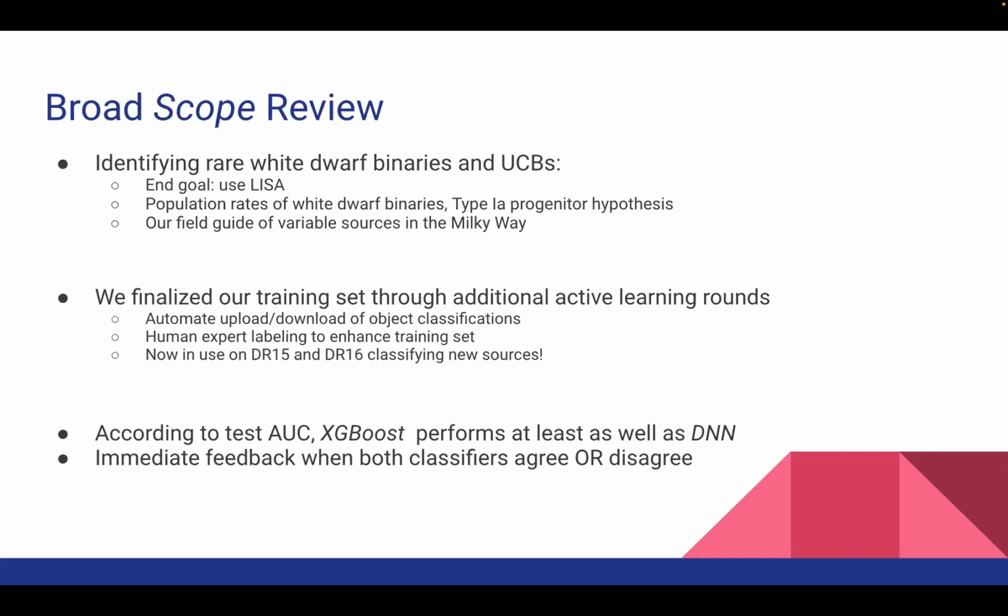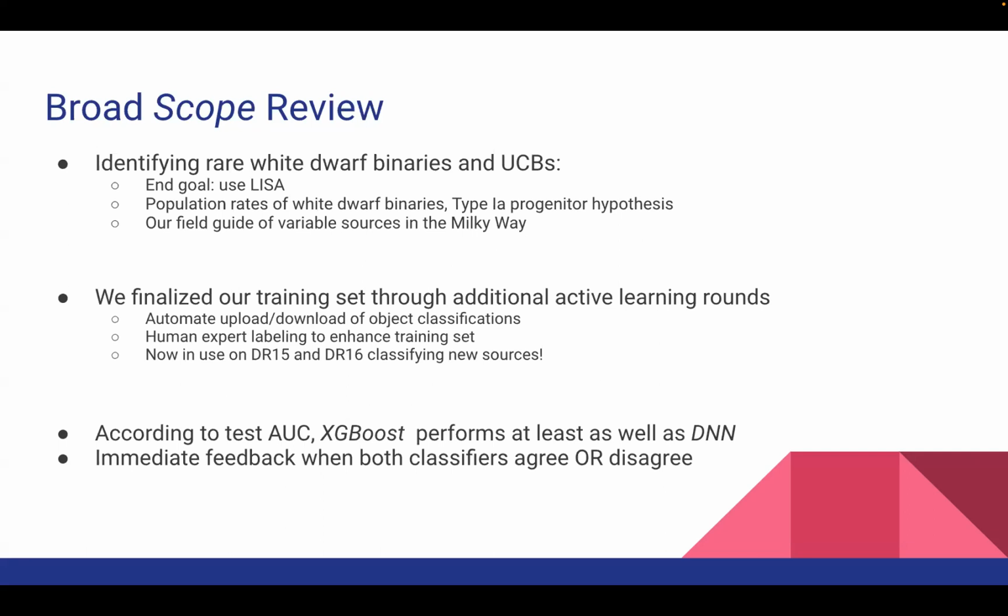So to do that, we finalized our training set through additional active learning rounds, which means after a training round, we sent these objects to people, experts in the field, to identify whether or not the labels were correct, at which point their input was put back into another training round, as well as making that upload download process easier so they don't have to spend too much time on it.